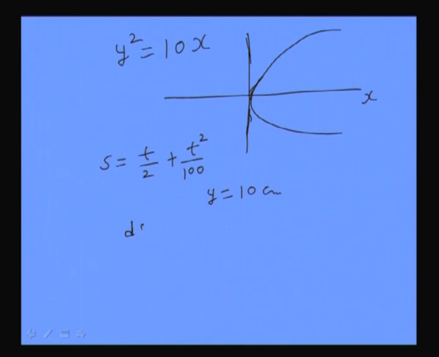ds can be written as under root dx square plus dy square.